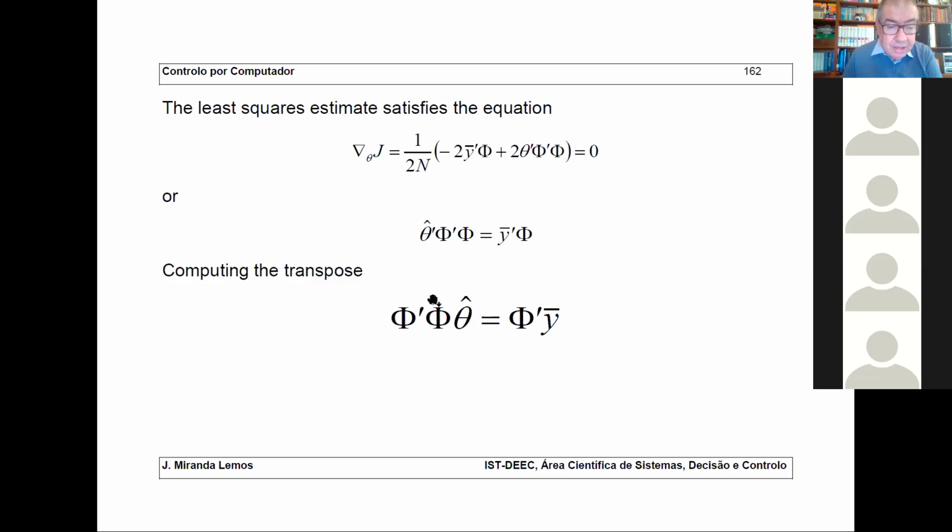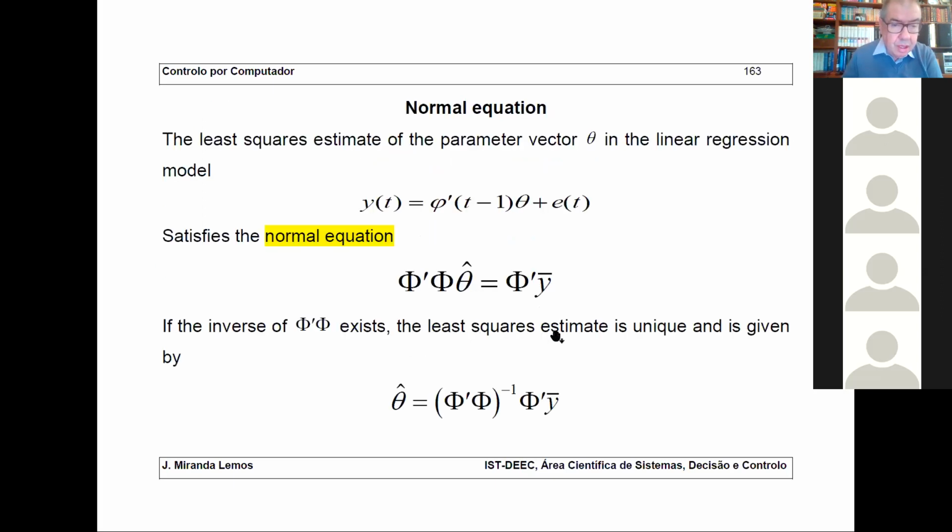So if the inverse of this matrix exists, you can write theta hat as the inverse of this matrix times phi transposed y bar. Okay? So you can reach this conclusion. What is this conclusion?